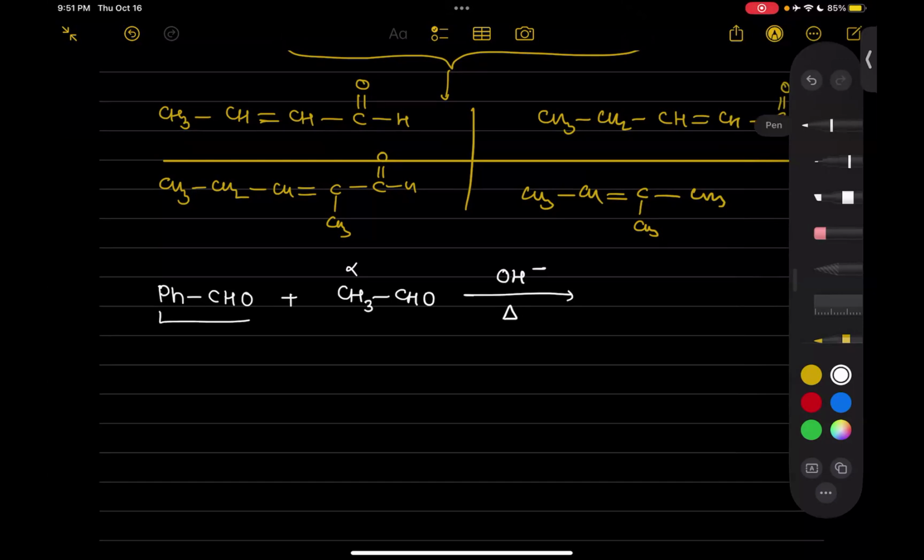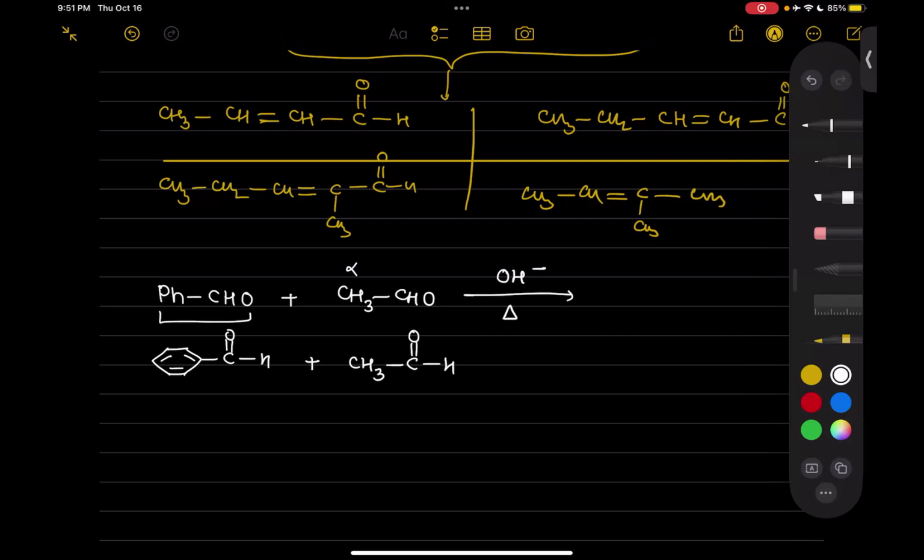This doesn't have any alpha hydrogen. Got it? Alpha carbon is there, I will write the structure, but there is no hydrogen. So this question is very important and easier than the above one. So acetaldehyde and benzaldehyde.